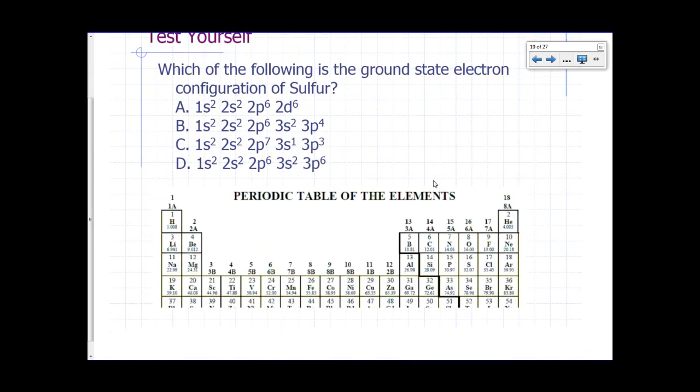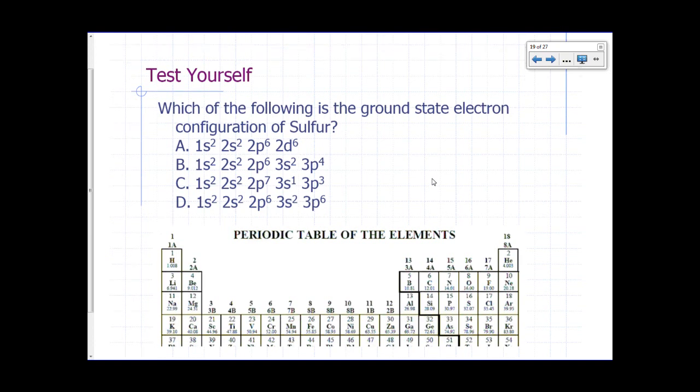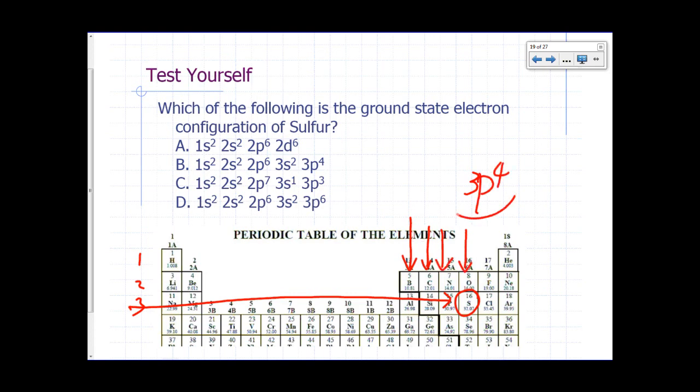Which of the following is the ground state configuration of sulfur? Sulfur is right here, so it's in the 3rd row. So you know that the highest n is going to be 3: 1, 2, 3, 3rd row. And this is in the fourth column of the p block, p1, p2, p3, p4. So the last thing we have to write is a p4. So it can't be this, it can't be this, and it can't be that. And let's just verify.